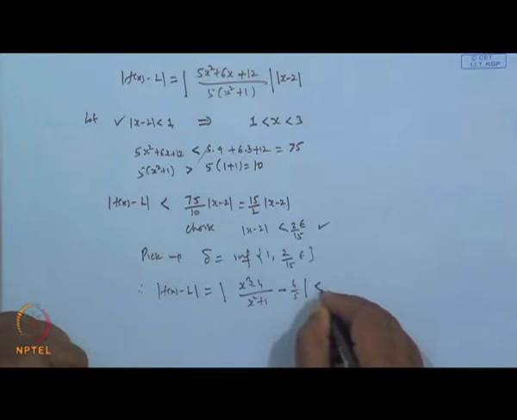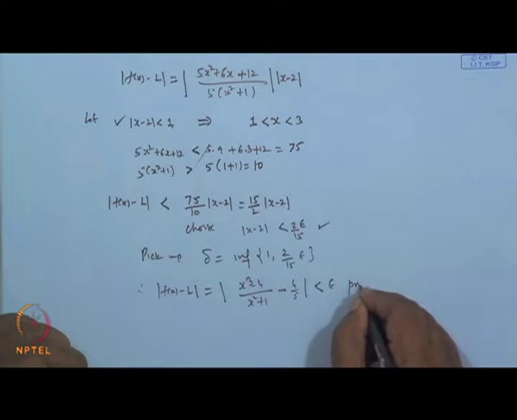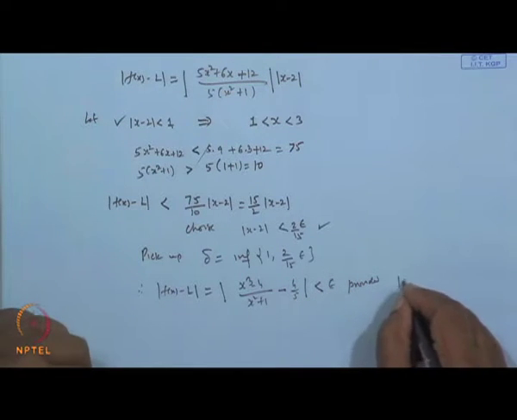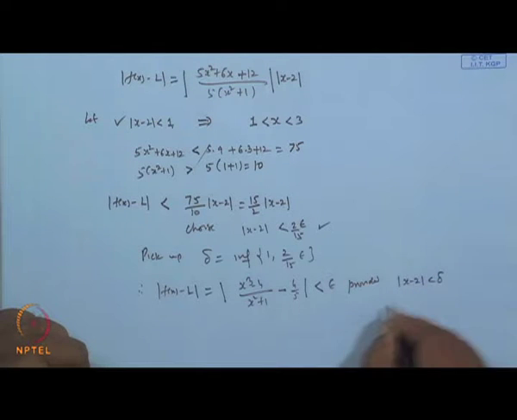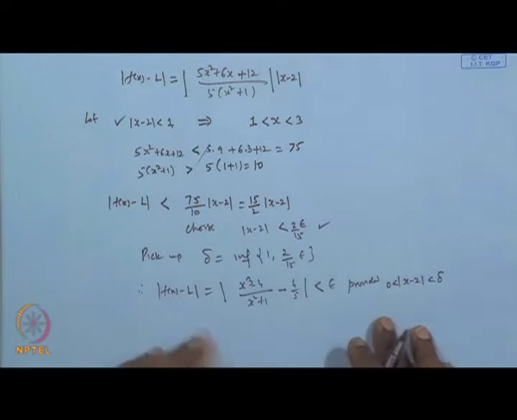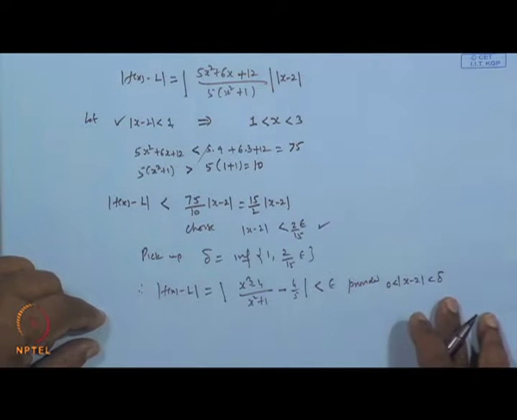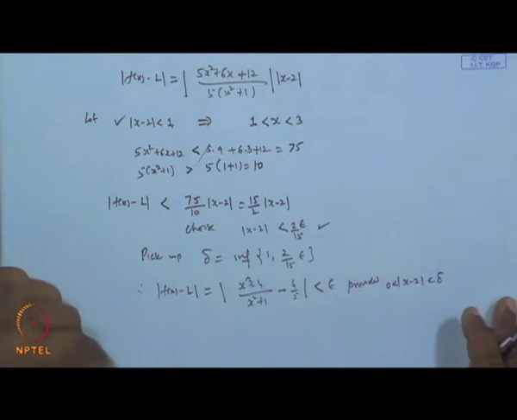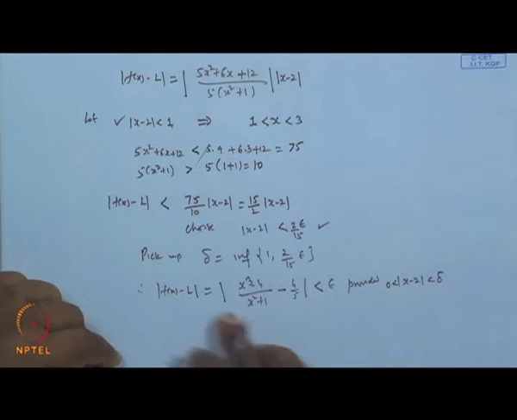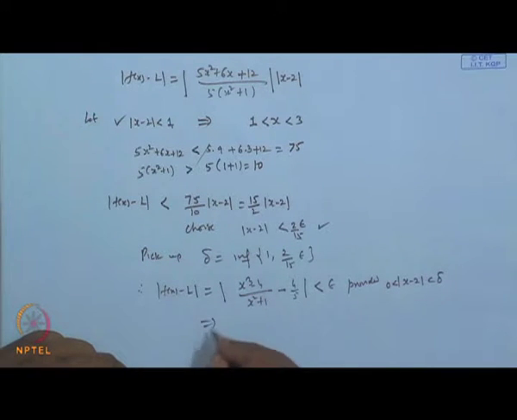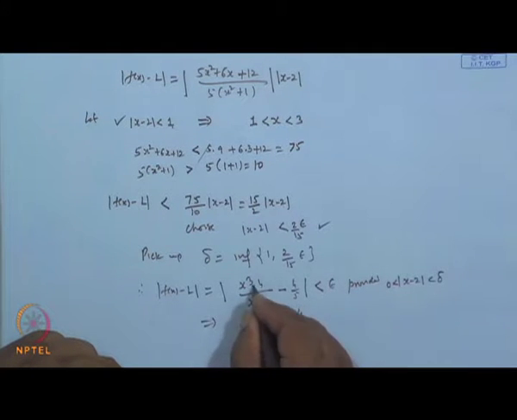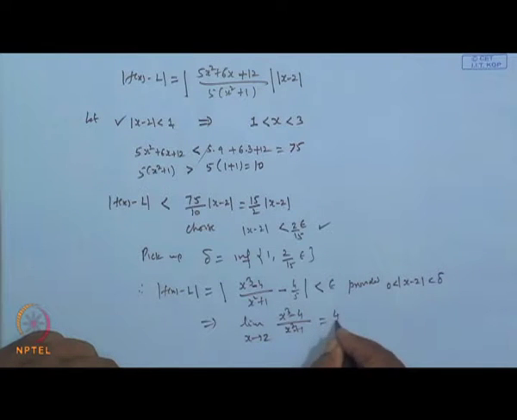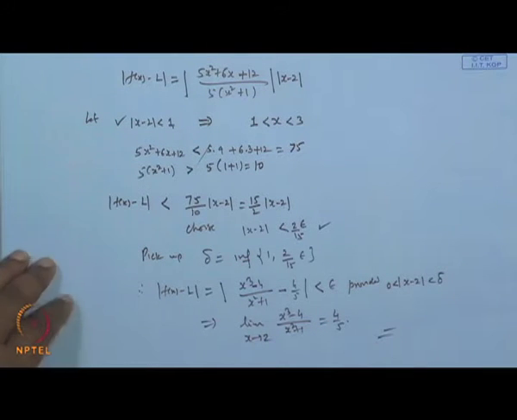This will be less than epsilon provided mod x minus 2 is less than delta and greater than 0, because x may not be 2, but here of course there is no problem, we can also take 2. So, we can choose them. Therefore, the limit of x cube minus 4 over x square plus 1 as x tends to 2 is 4 by 5, and that is proved.